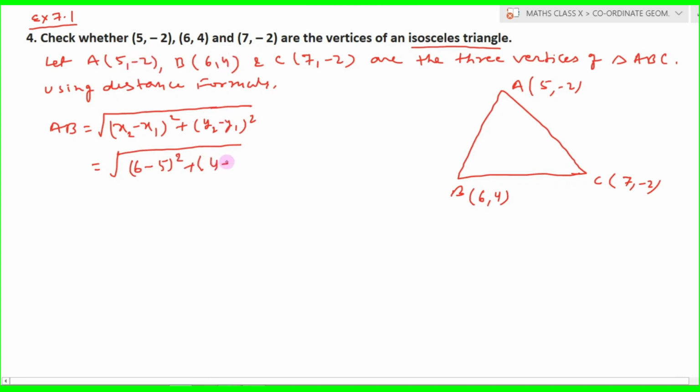So minus minus becomes plus 2, whole square, and this will give you 6 minus 5 is 1, square, 1, plus 4 plus 2 is 6, and 6 square is 36. So the value we have got here is root 37. Okay, now find BC.